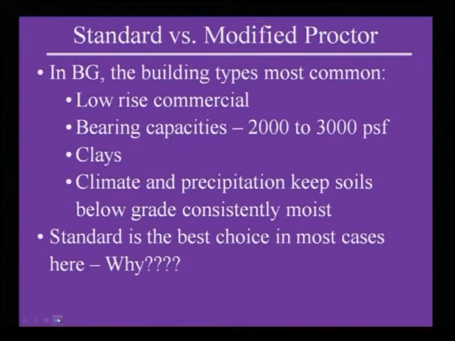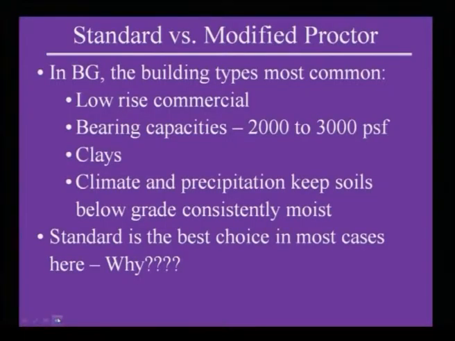Bearing capacity generally will be 2000 to 3000 Pascal per square. Climate and precipitation keep soils below grade consistently moist. Standard is the best choice in most of the cases. Standard Proctor mold is the best choice in most of the cases. And why?